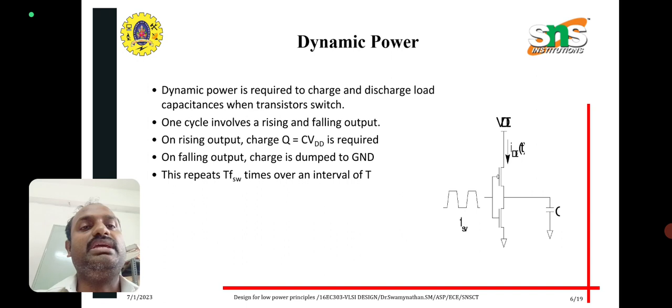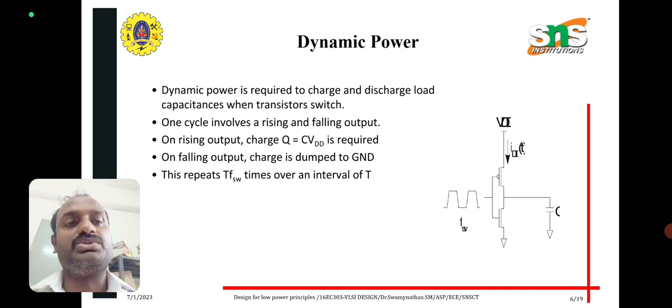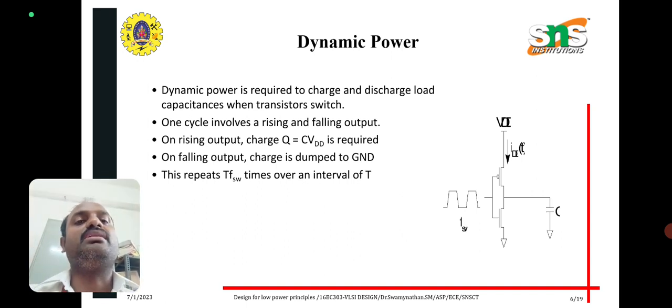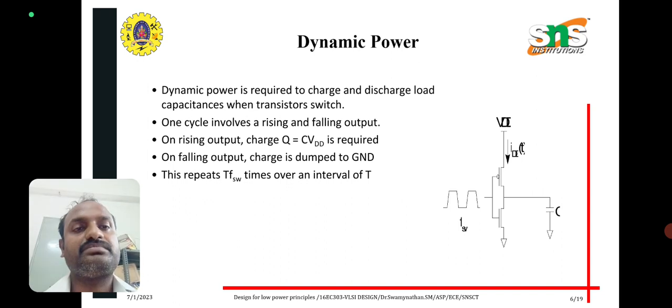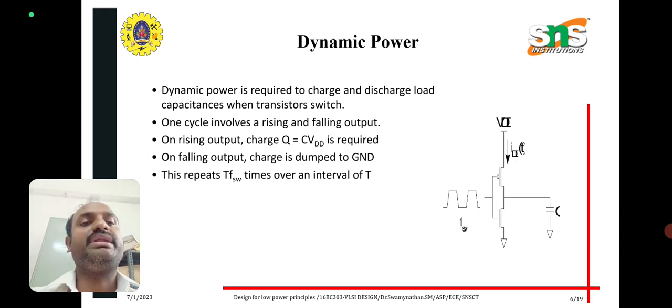One cycle involves rising and falling inputs and outputs. On a rising output, it is charged, Q is equal to C VDD. On a falling output, the charge is dumped into ground. This is repeated F switching times over an interval of time.